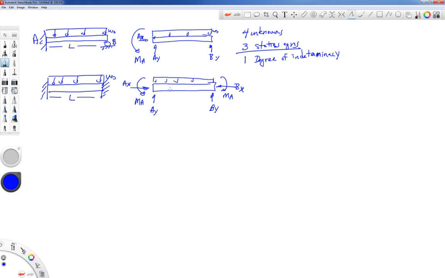But in this type of problem, we're typically going to ignore AX and BX. If there are no applied forces in the x direction, and this beam doesn't deform too much, we're not going to build up forces in the x direction. So both of those x direction reactions are going to be 0.